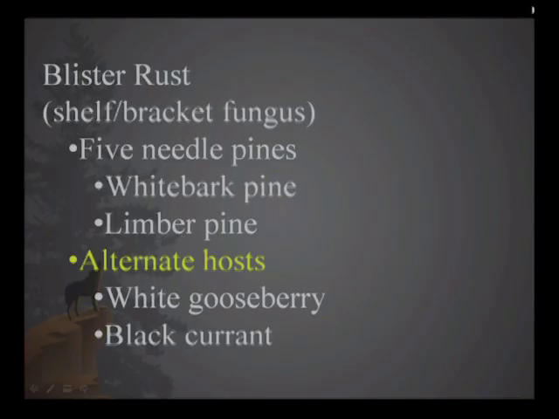And these are close relatives, the white gooseberry and the black currant, which both are the same genus, a very similar type of plant. So it has kind of a complex life cycle. It actually forms 5 different types of spores and utilizes these different hosts, either the pine host or the gooseberry currant host.